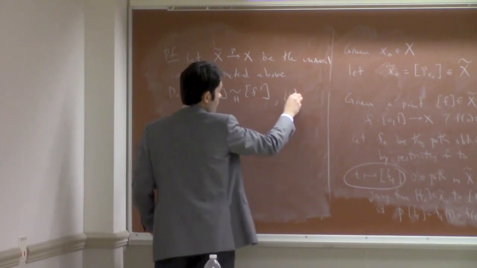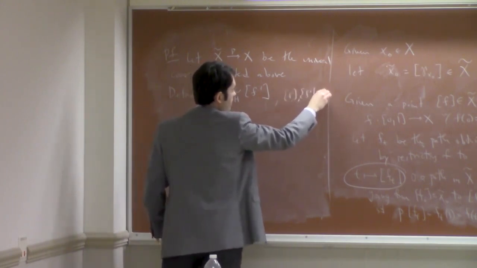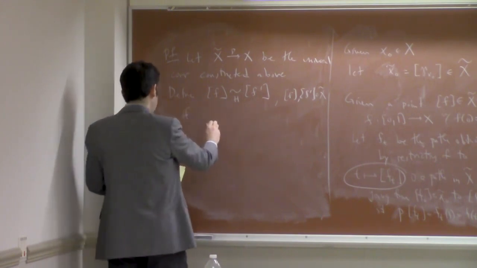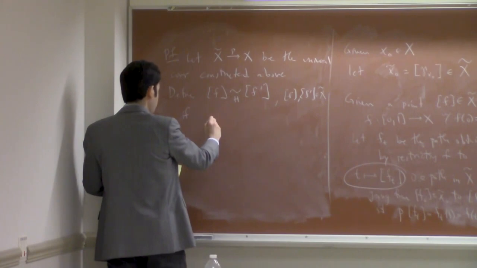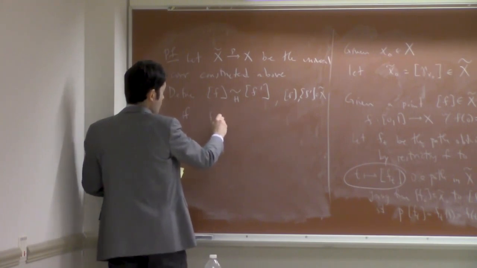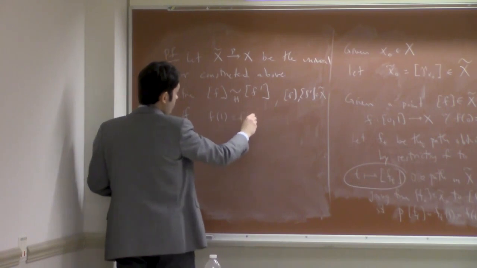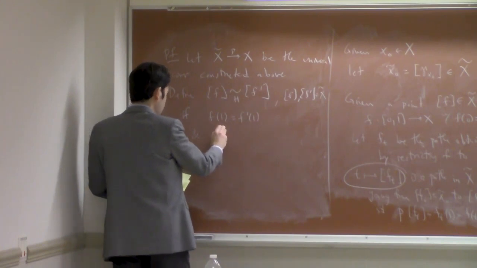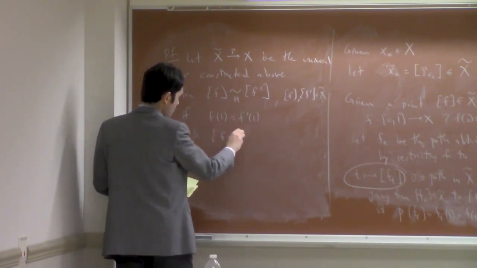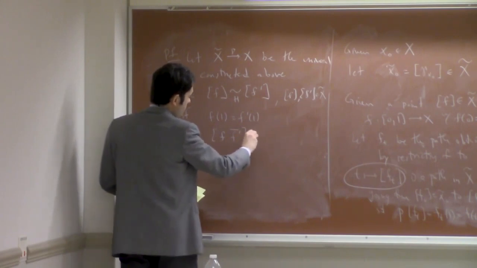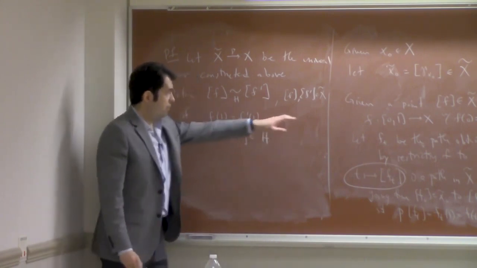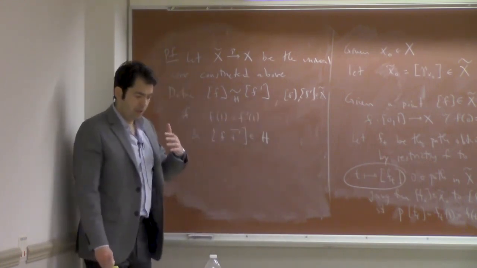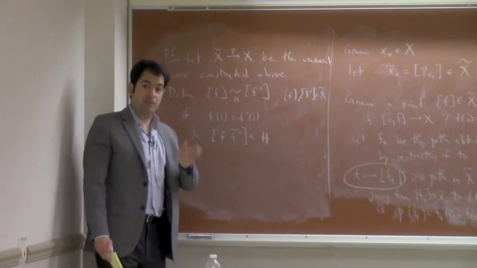So this is for two points in X tilde. If f(1) is equal to f prime(1), and the loop that you get... So remember, points in X tilde are path homotopy classes of paths in X that all begin at the same point, X naught.